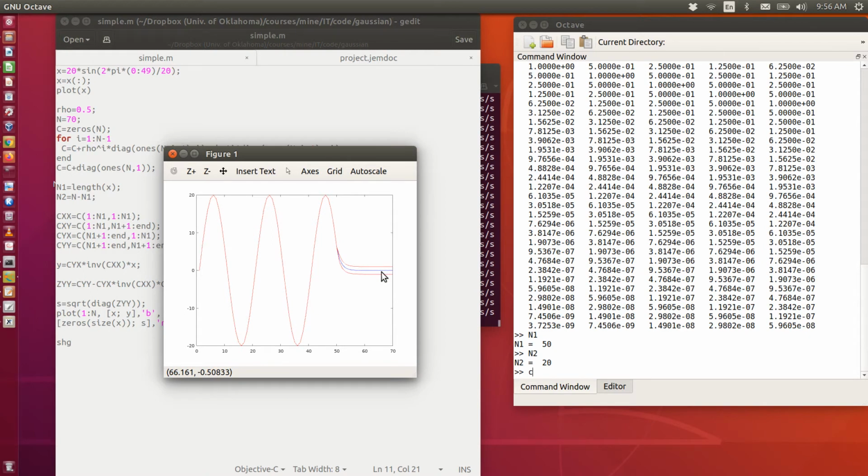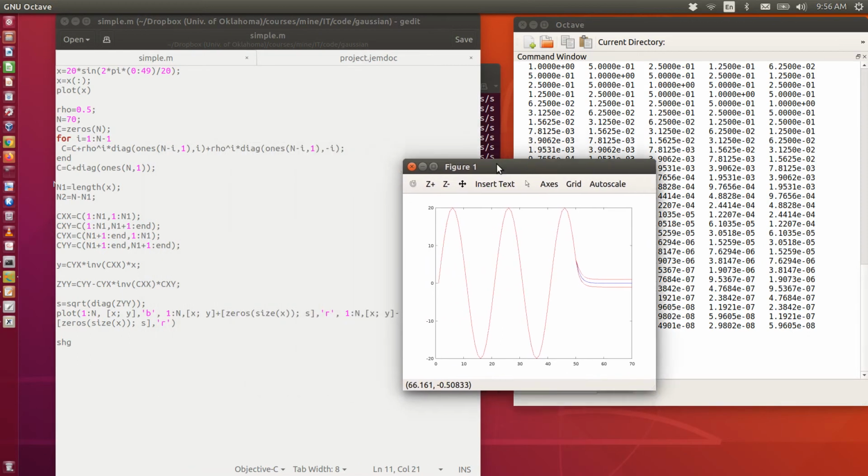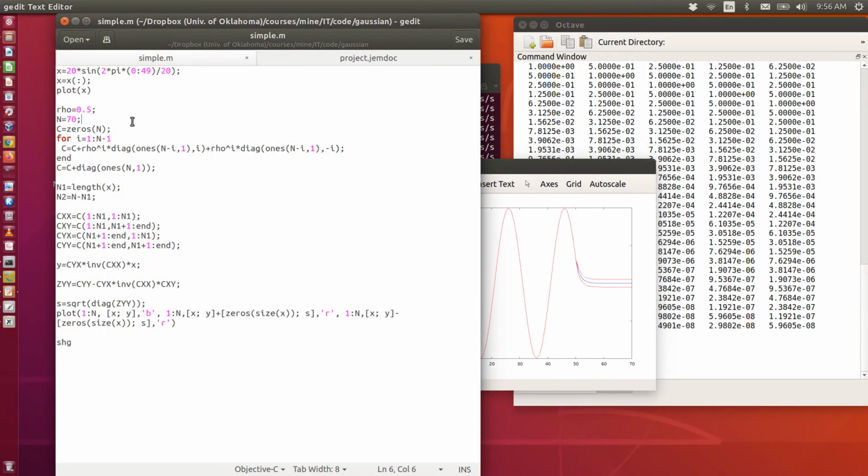And we can try different values to see what the effect is if we change rho there. For example, if we have a larger rho, then it will be more sticky, I believe.